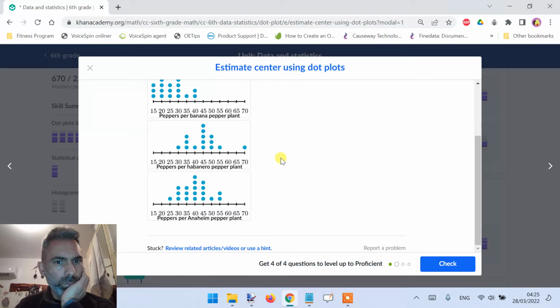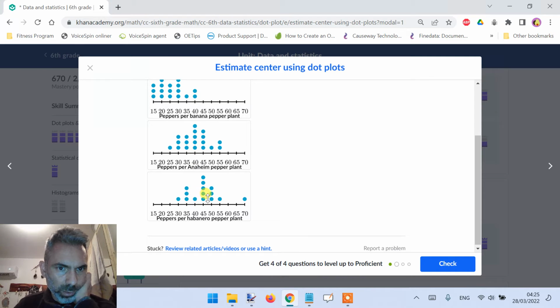Okay, so this dot plot is more heavily centered around the 40, and here there are more dots pushing the center to the right.